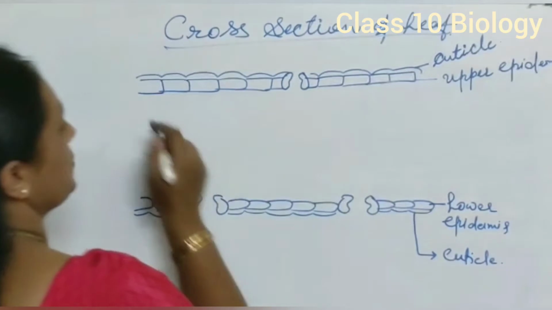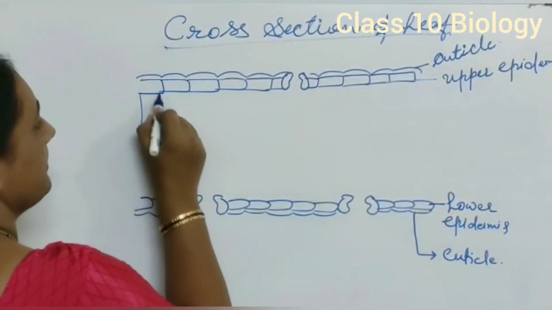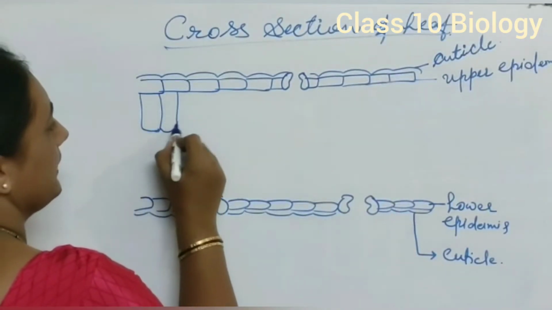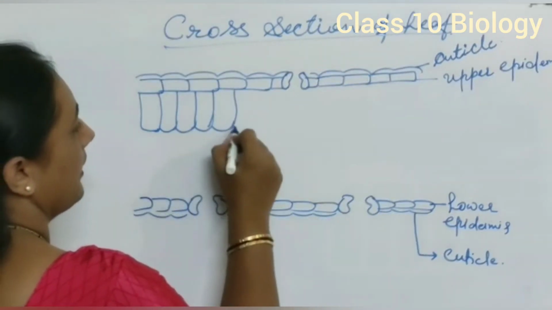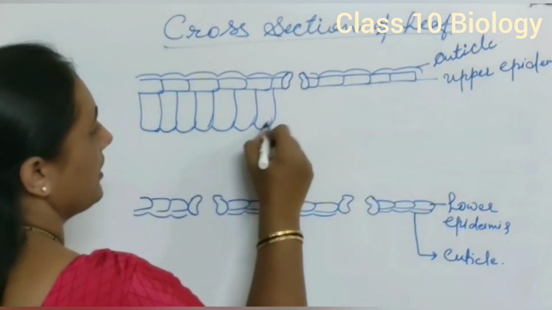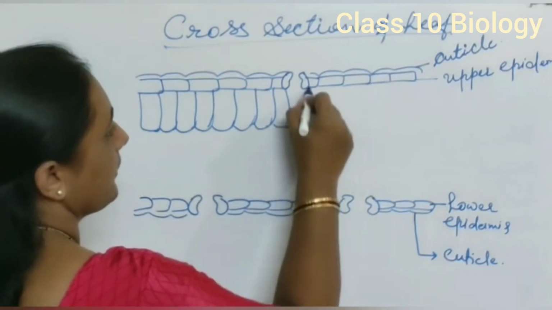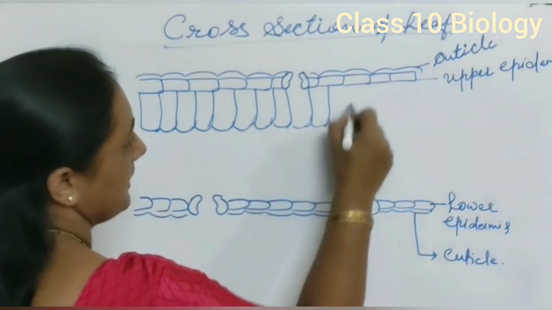This inner area is made up of elongated palisade cells. Here these cells are called mesophyll cells. Two types of mesophyll cells are there.